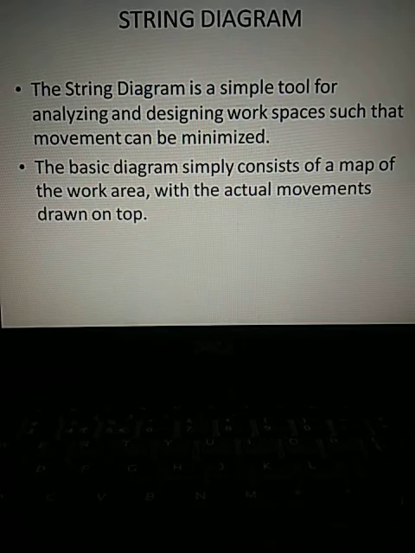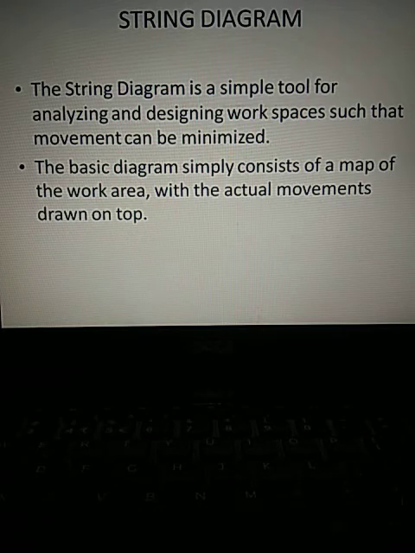If the departments are unconnected and the distance is more, then what happens? From one stage to another, if the product needs to be moved, it consumes much more time. That should not be there. Movement between the workspaces can be reduced by means of the string diagram.